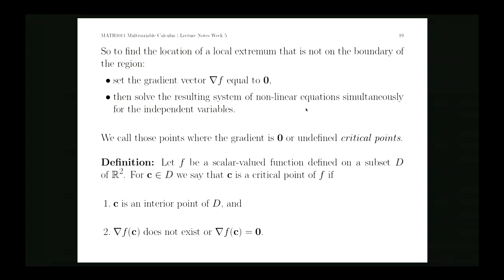So basically we set the gradient vector equal to 0. For a function of two variables, we're going to have two equations in two unknowns, partial df dx and partial df dy. And we solve them. Here is the catch. Those equations will not be nice, simple linear equations like you used to solve.